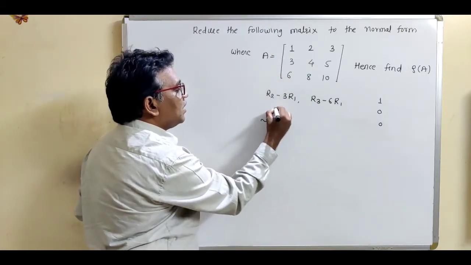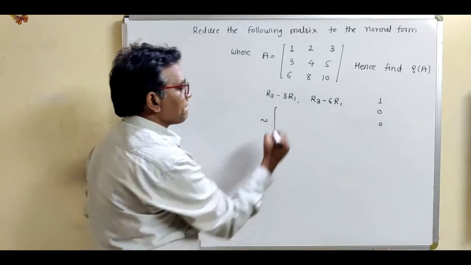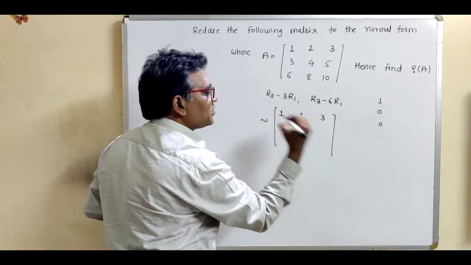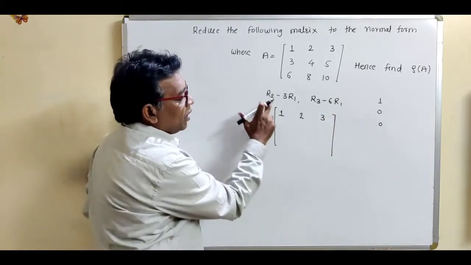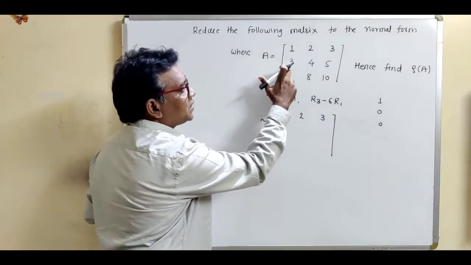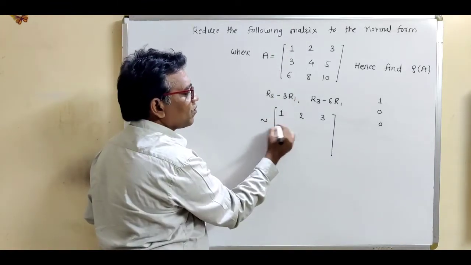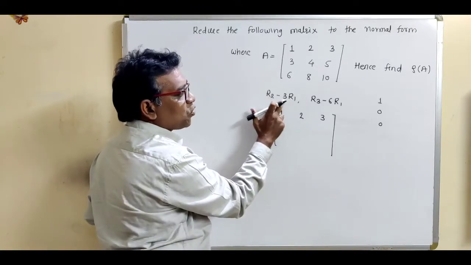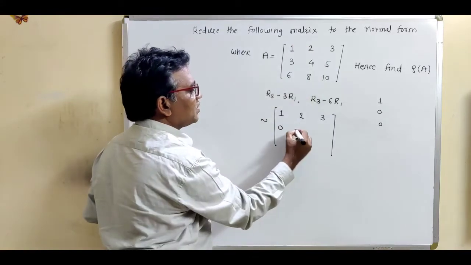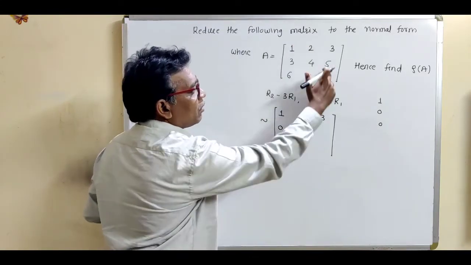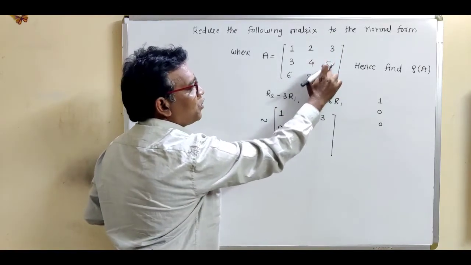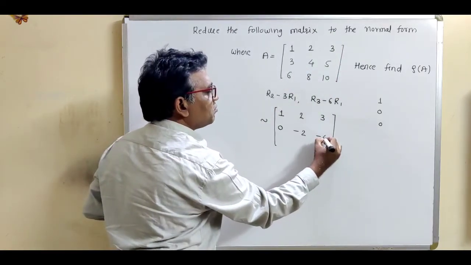So write down here, equivalently we get 1, 2, 3, first row as it is. Now use the elementary row operation R2 minus 3R1: 3 minus 3, this is 0. Multiply the first row by 3 and take the subtraction: 4 minus 6, this is minus 2. 5 minus 9, this is minus 4.